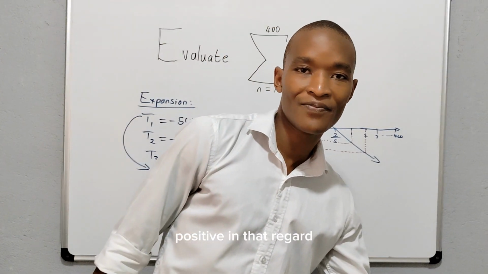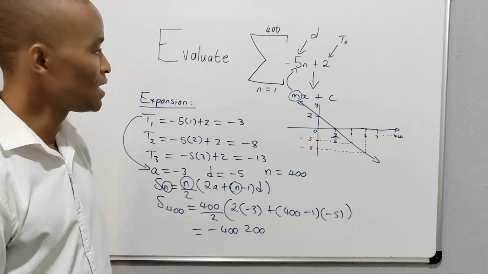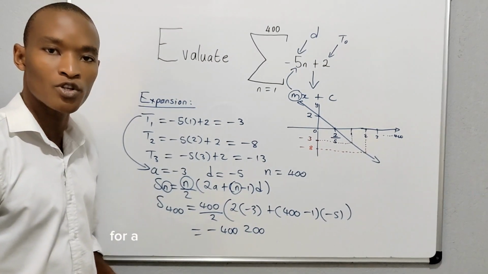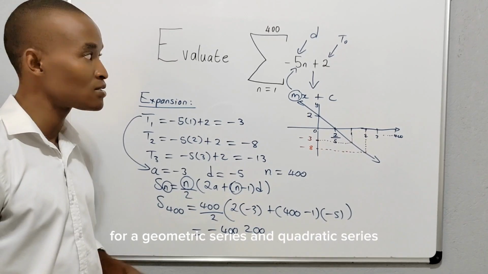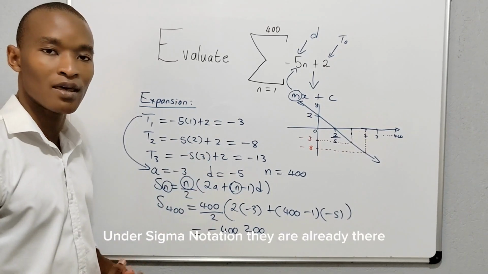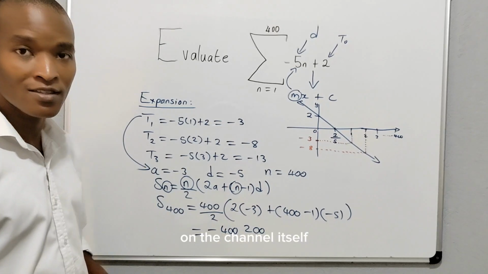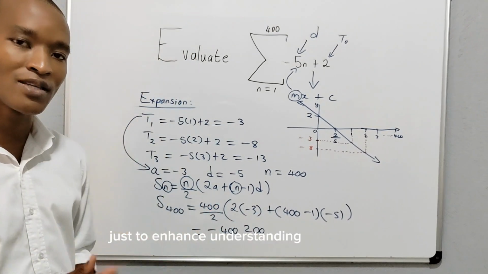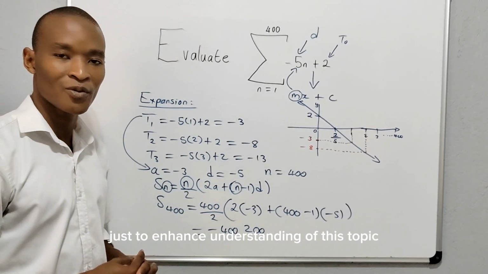Okay, so I believe this was helpful, and do more of this kind. And if you have not watched the videos for geometric series and quadratic series and the sigma notation, they're already there on the channel itself, so go and watch those two as well, just to enhance your understanding of this topic.